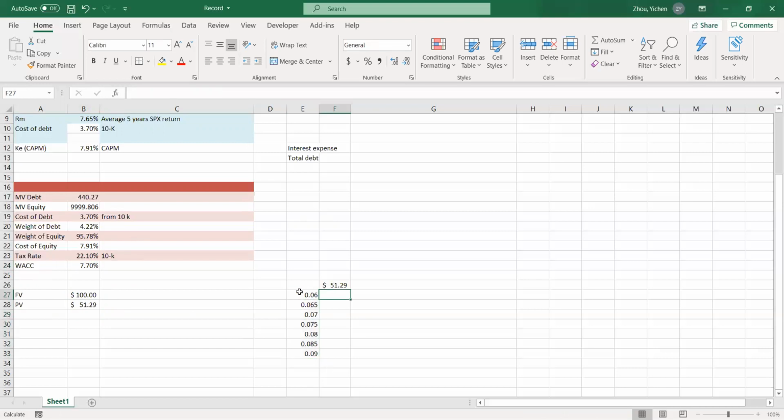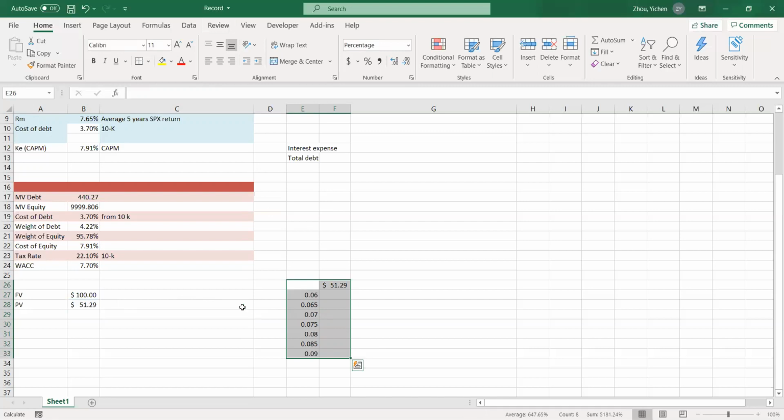And then we want to run a sensitivity analysis based on different discount rates to compute different present values. So here I already have a range of WACC from 6% to 9%, and then we want to put the present value here because that's the number we want to get, right? Based on different WACC.